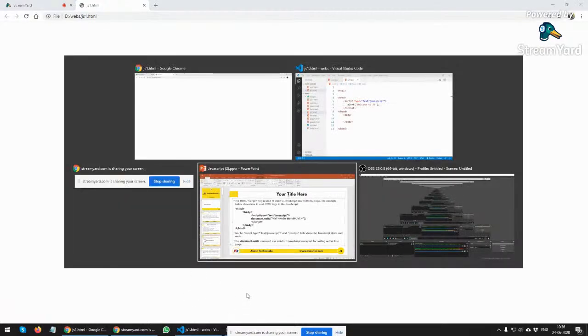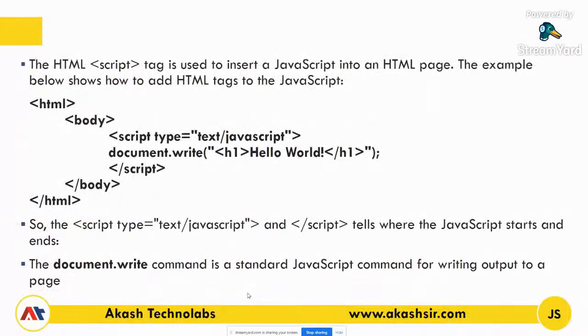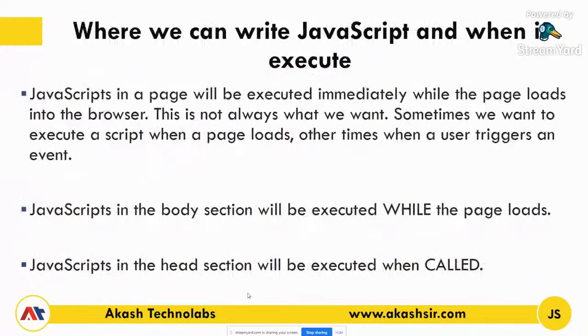Okay, so now if we talk about the other properties, where we can write JavaScript and when we can execute it. JavaScript in a page will be executed immediately while the page loads into the browser, and this is not always what we want.